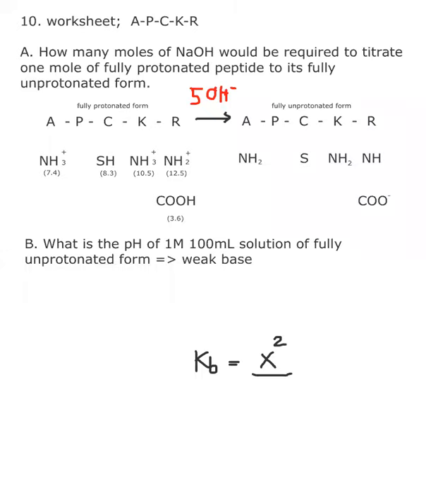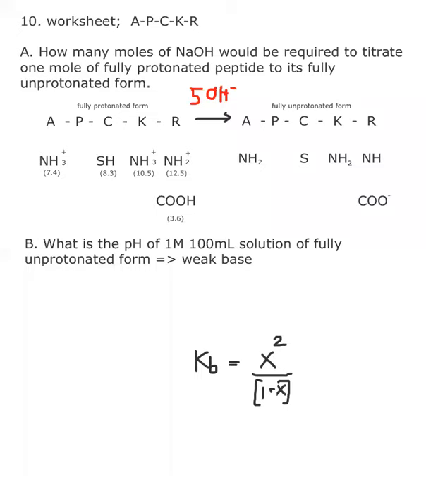To calculate the pH of the weak base, we already mentioned that you need to use the Kb. The equation would be Kb equals x squared divided by the initial concentration of this oligopeptide, so it would be 1 minus x.